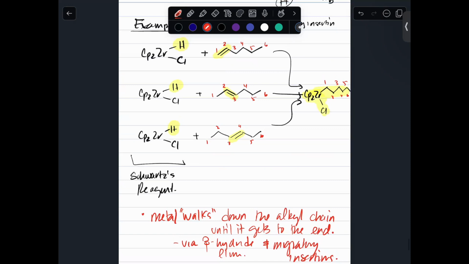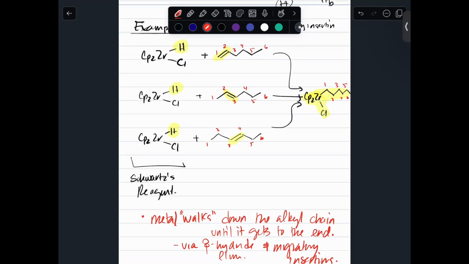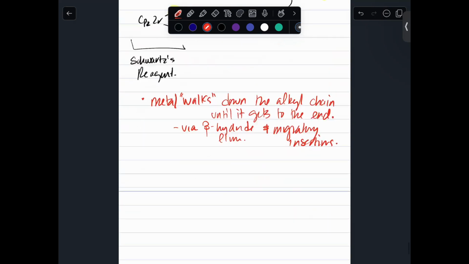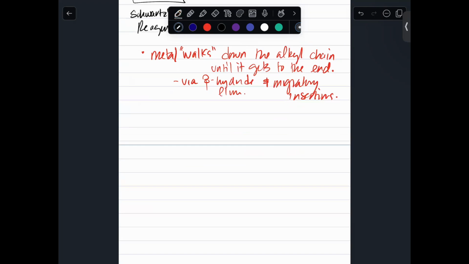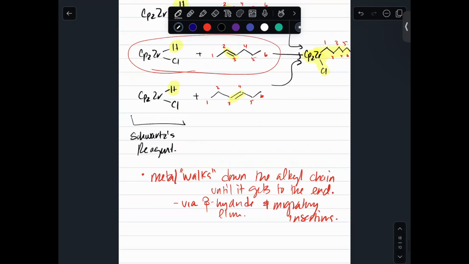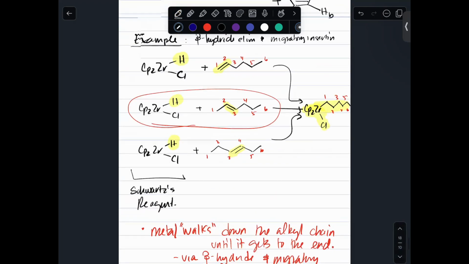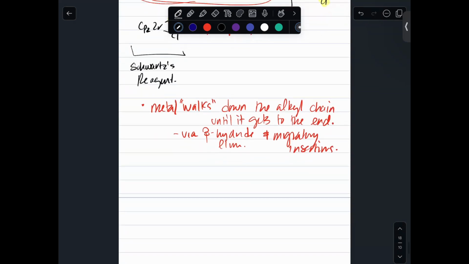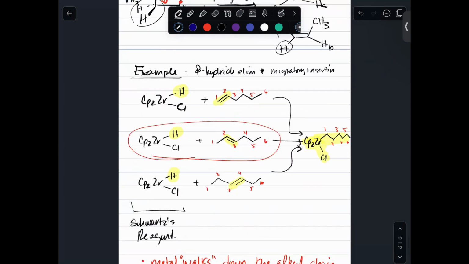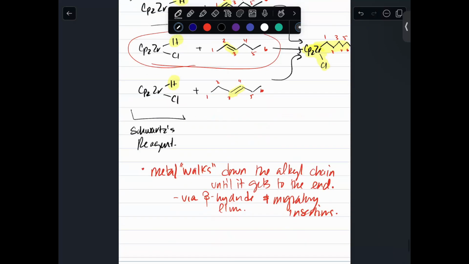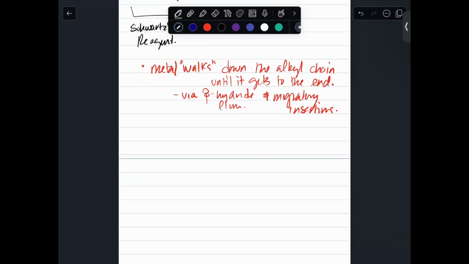So instead of doing it for all three, because it's going to take me a while, I'll do the second example because it's somewhere in between the two and show you how it's walking down the chain. Actually, maybe let me do the first one because this one's probably the most obvious, right? It's a hydride nucleophile. Example number 1.